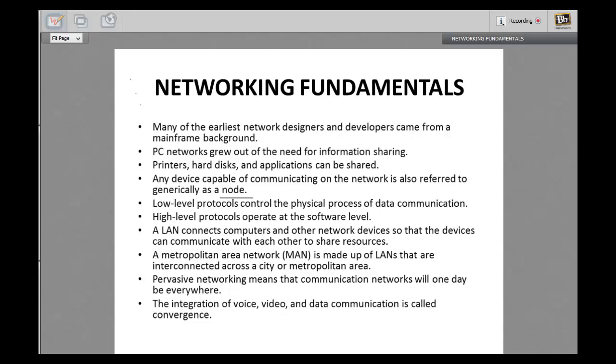This criterion we call pervasive networking. And also now the trend in networks is the integration of video, voice, audio, and data, which is called convergence. Convergence means تقارب. Okay, so these are the main points of Chapter 1.